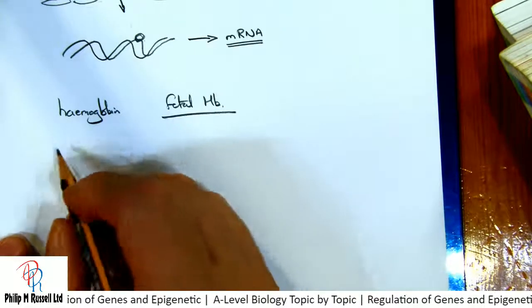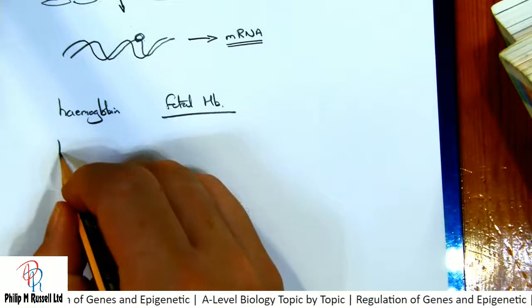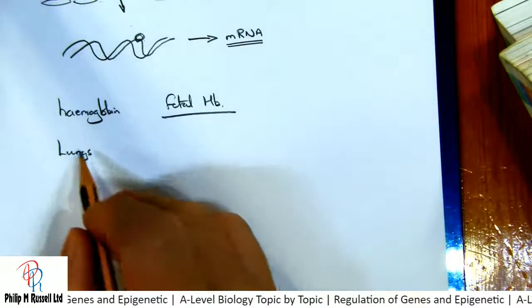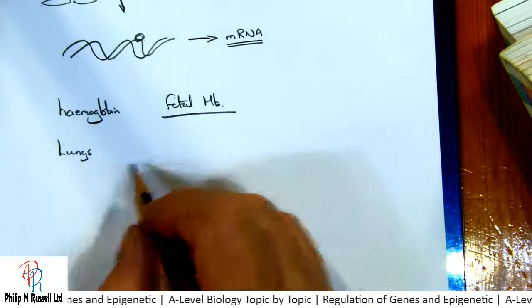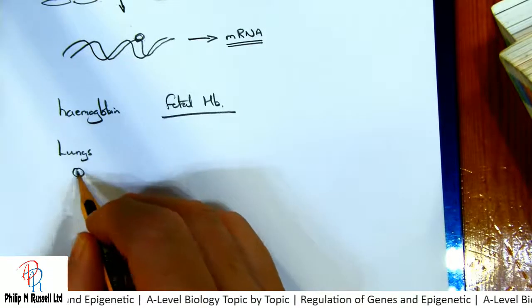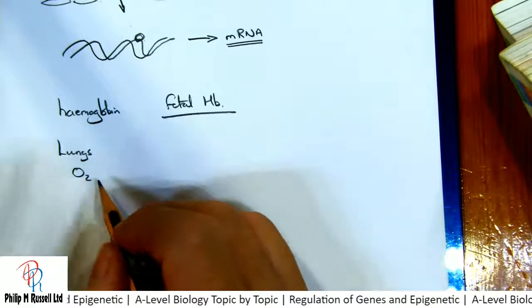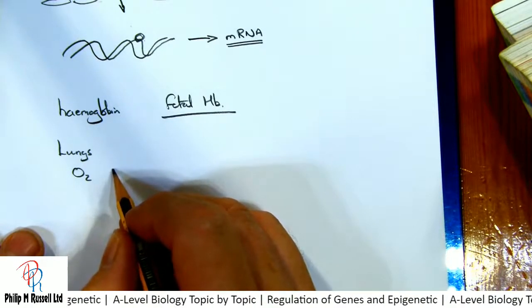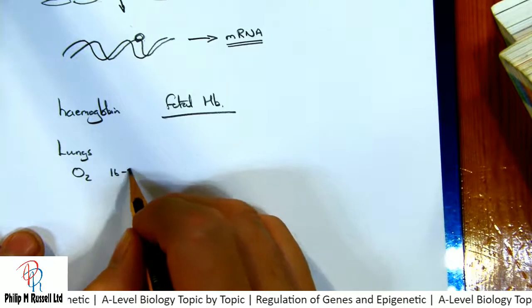In adult hemoglobin, we've got our lungs. These are full of air, and it's got oxygen at quite a high partial pressure. Let's say it's got it at about 16 to 20%.